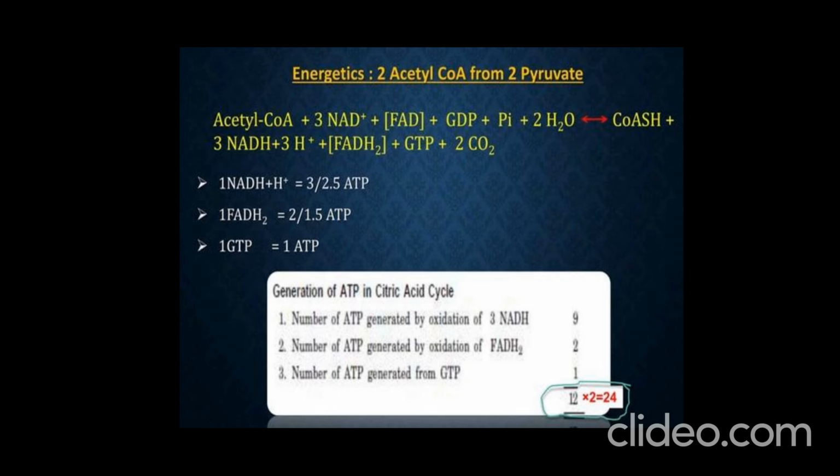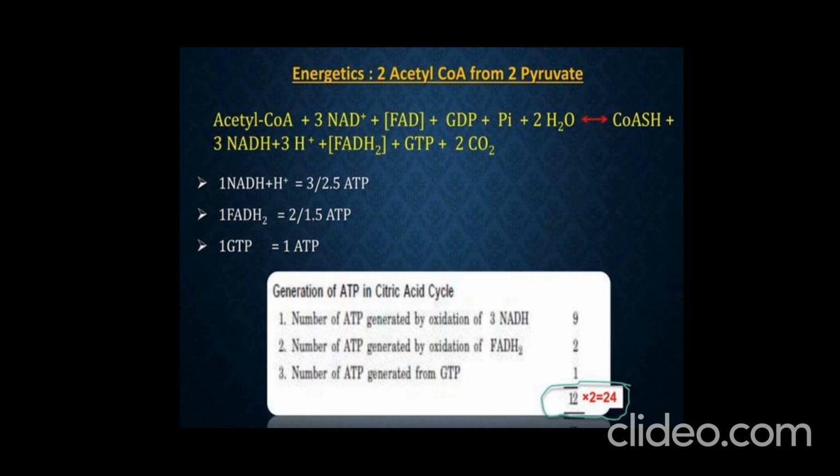Here is the value of the ATP produced, the number of ATP molecules generated: for one NADH it is 3, and in newer terms it is 2.5 ATP molecules. For one FADH2, 2 or 1.5 molecules; for 1 GTP, 1 ATP is formed.